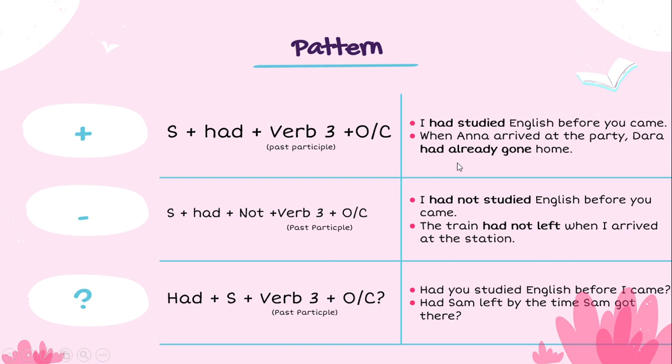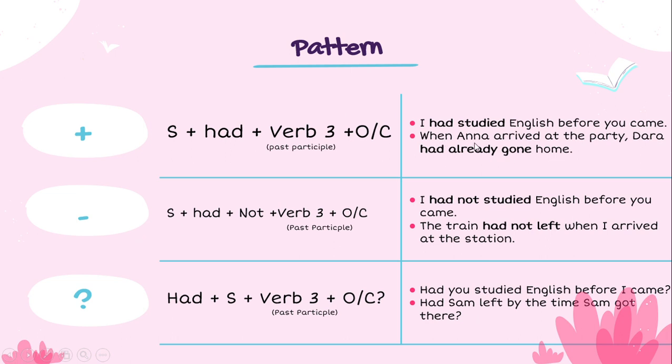Don't forget the question tag. Let's see an example for the affirmative sentence. I had studied English before you came. So the first activity is you came, and the second activity is I had studied. So I had studied happened before you came.